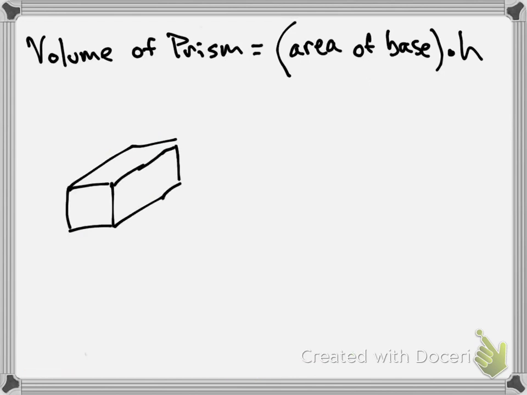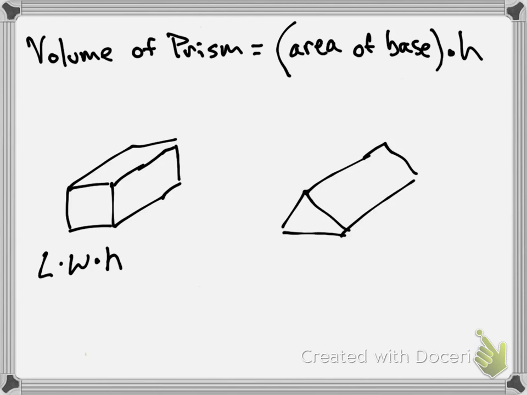Now, quickly, just to note, there are other types of three-dimensional shapes. The reason that we describe this formula as the area of the base times the height is because in a rectangular prism, well, the base shape is length times width, times the height. But we could create a triangular prism. This is kind of like a wedge of cheese or something. And you could think about this as having a different base shape.